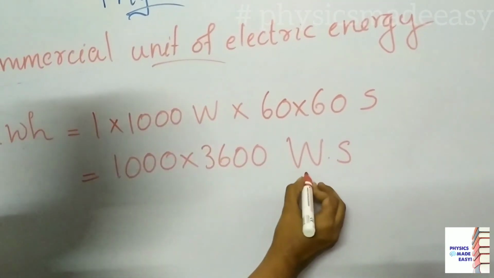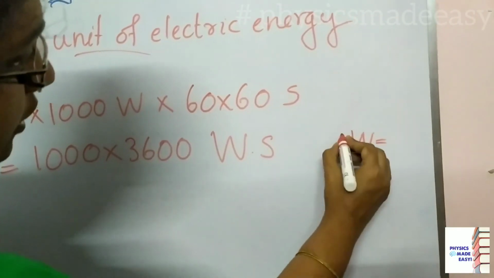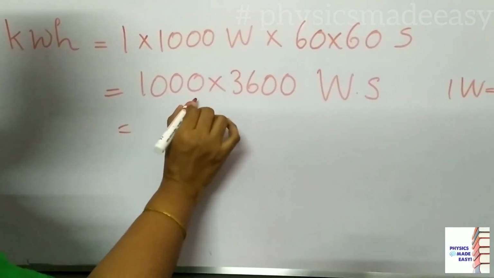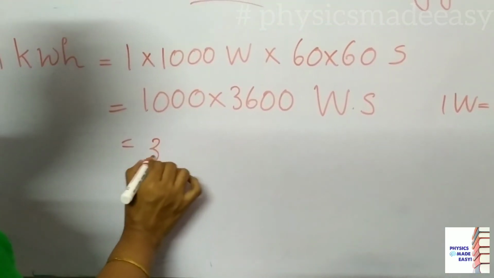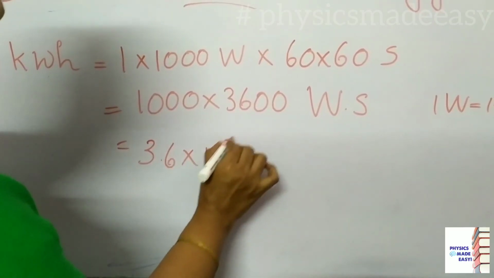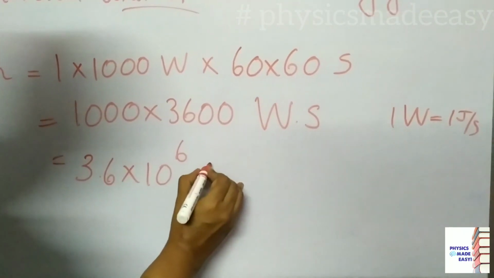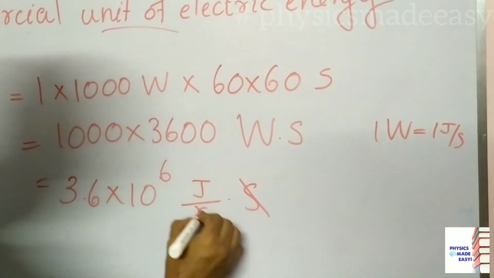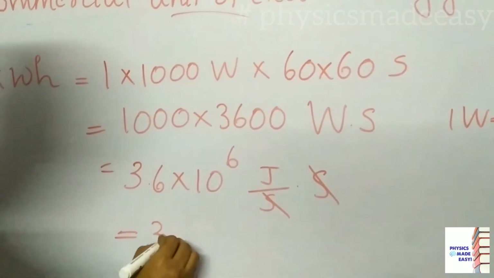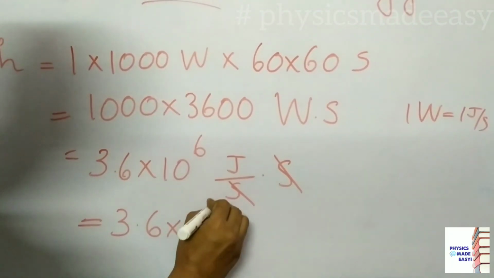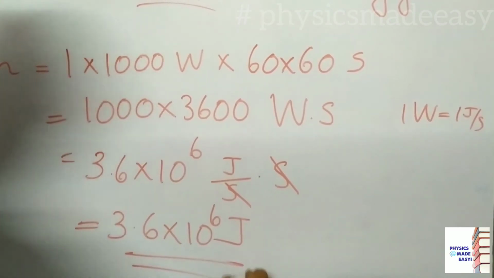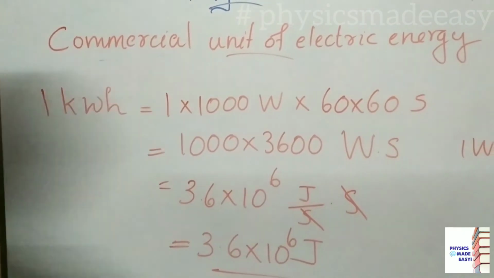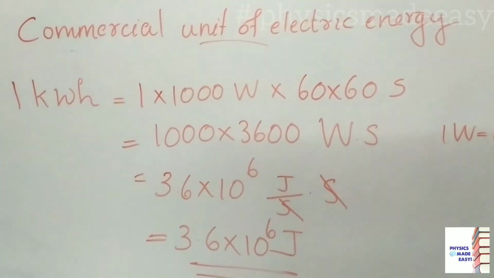But you know 1 watt is equal to 1 joule per second. So this 1000 into 3600 you can write as 3.6 into 10 raised to 6. Then instead of watt you can write joule per second into second. Here you can cancel the second, no? Then you will get 3.6 into 10 raised to 6 joules.